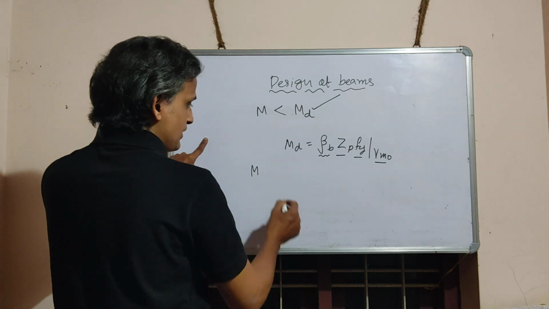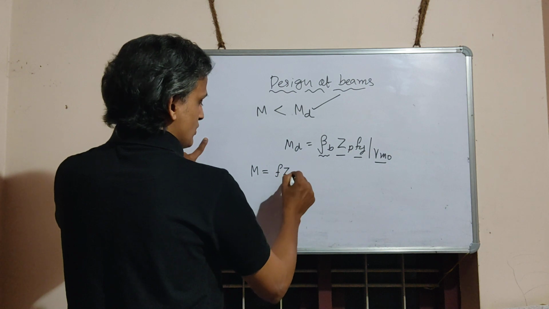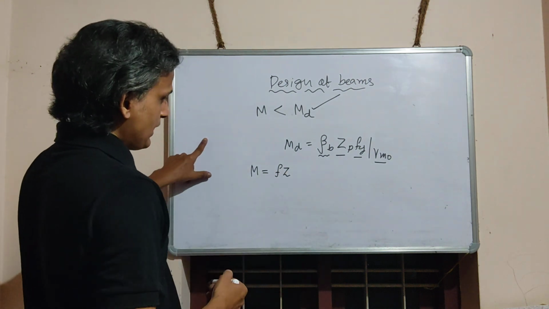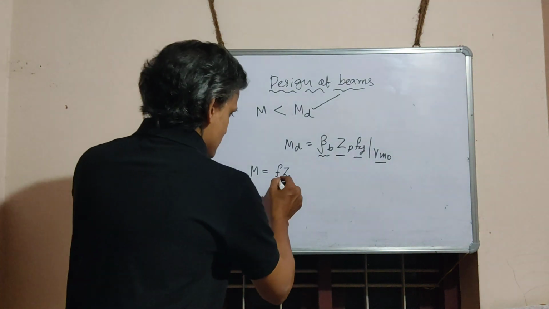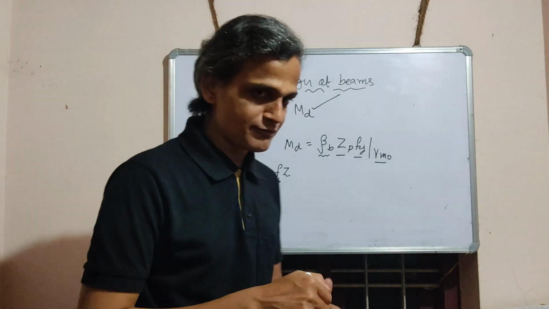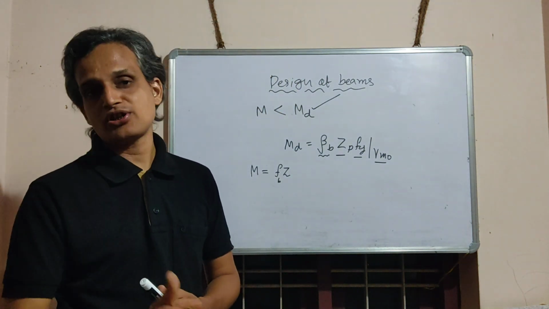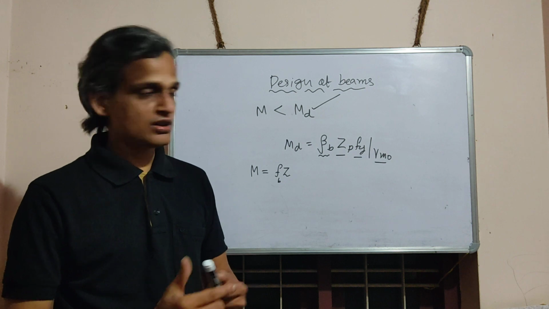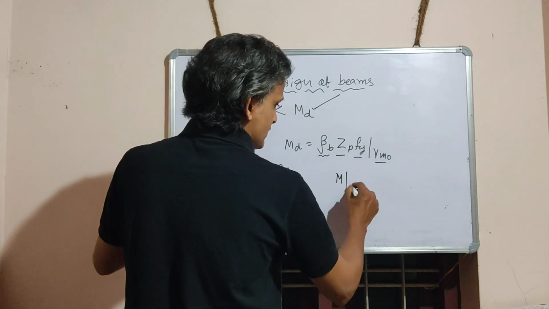According to this simple bending theory, the equation is F is equal to M by Z, or M is equal to F into Z, or precisely Fb into Z, where Fb is the allowable bending stress and Z is the section modulus of the given section. This equation is obtained from the simple bending theory equation.